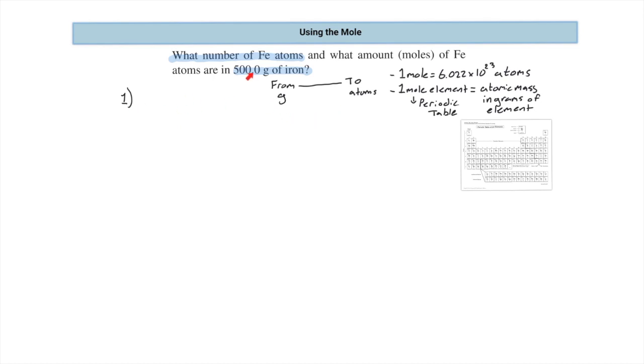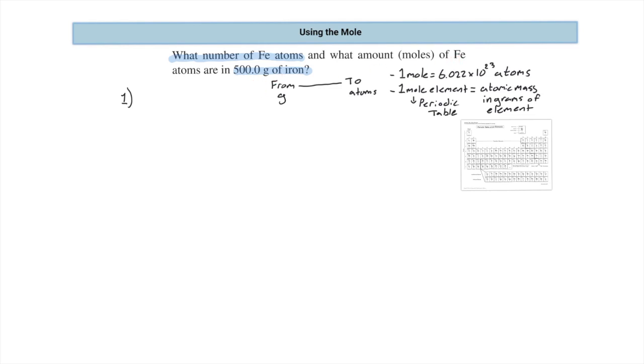So we could answer this. But if we look here, our problem is asking us two questions. What number of iron atoms and what amount of moles of iron are in 500 grams?